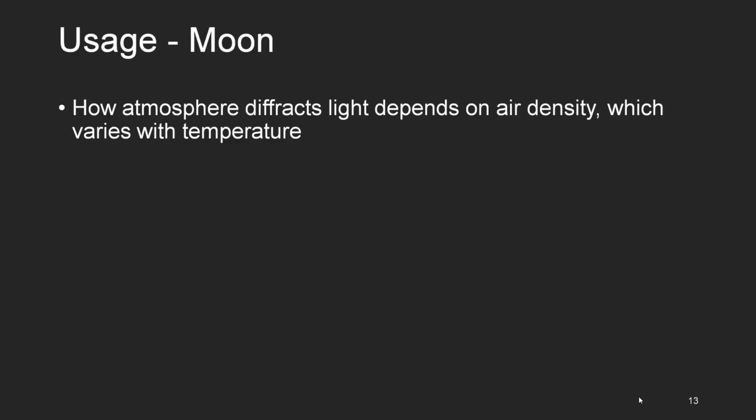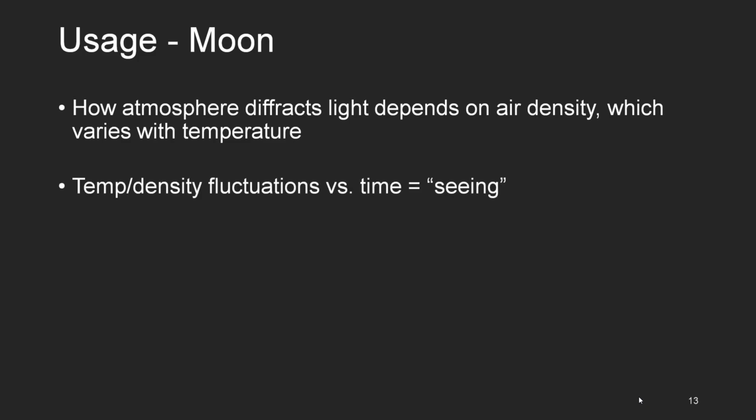My first example application is for imaging the Moon. One of the main challenges with lunar imaging is how our atmosphere bends the light passing through it, a property that varies with air density and thus temperature. This variation in temperature density over time is called seeing.